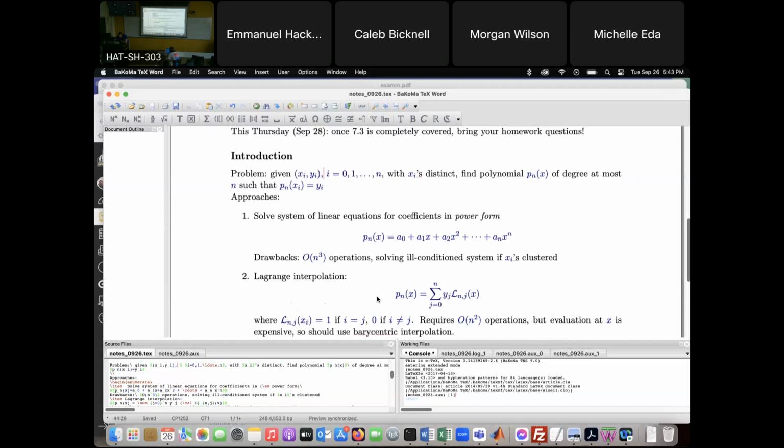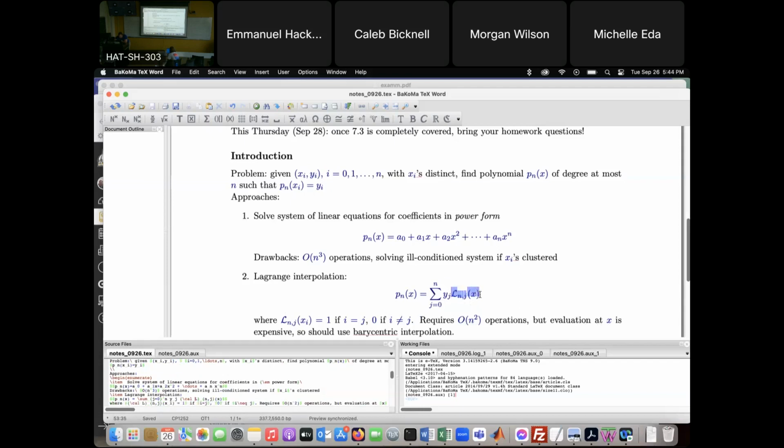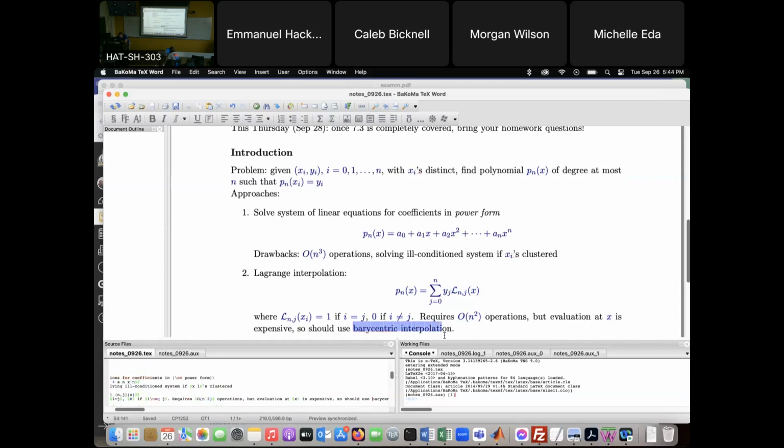It's possible to form the polynomial in Lagrange form in n squared operations. But evaluating the polynomial at a given x could be expensive, because these polynomials have much more complicated expressions than these monomials. That's why I introduced barycentric interpolation as a more efficient way to evaluate the Lagrange interpolated polynomial. Okay, so all that is just a recap from last time.